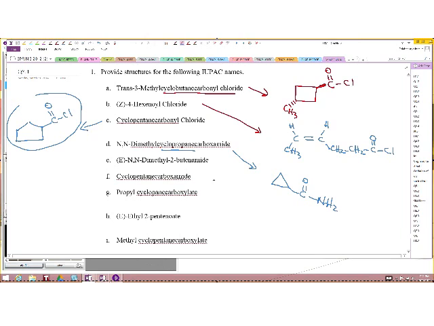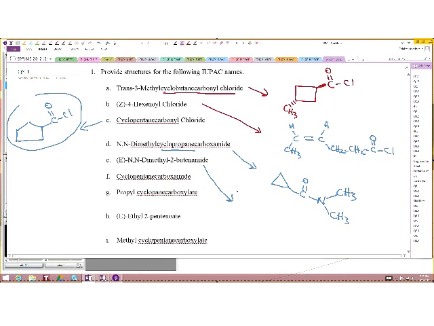But it also says N,N-dimethyl, so that means we take off these 2 hydrogens here and we replace them with methyl. Those methyl groups are attached to the nitrogen.